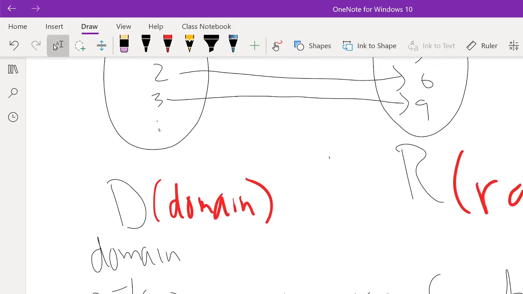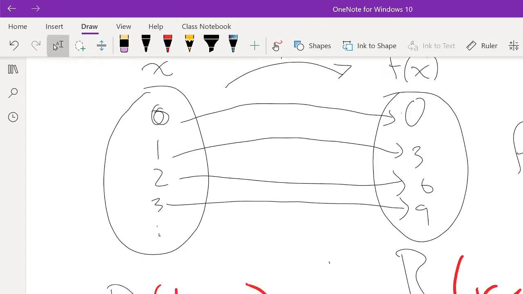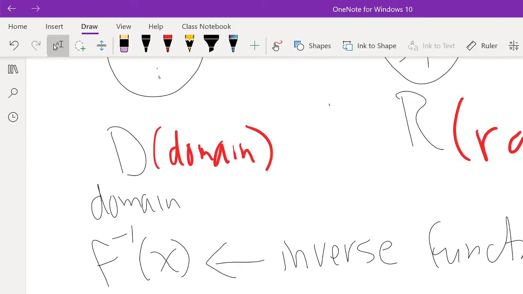Let's say that the function we define here is actually f of x equals 3 times x. We can see that this checks out: 3 times 0 is 0, 3 times 1 is 3, 3 times 2 is 6, 3 times 3 is 9, etc. That's our function f of x.